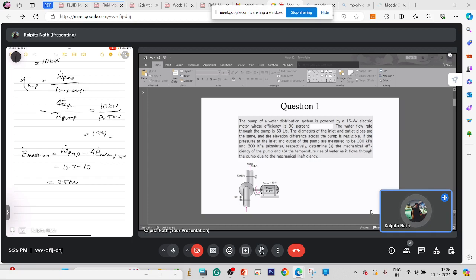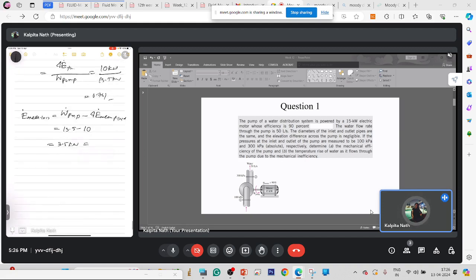Now, temperature rise of the water due to the mechanical inefficiency is determined from the thermal energy balance. So this mechanical energy that is lost is equal to m dot (u2 minus u1), so this is m c dot delta T. Therefore delta T is equal to E mechanical loss upon m c p.